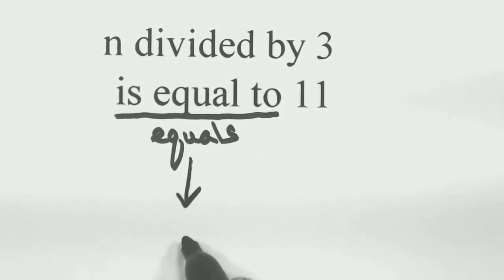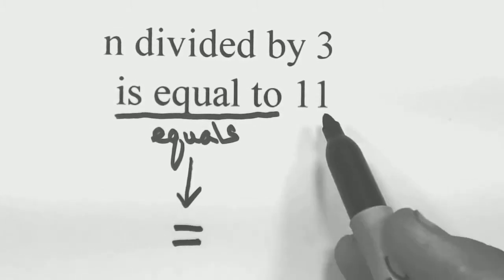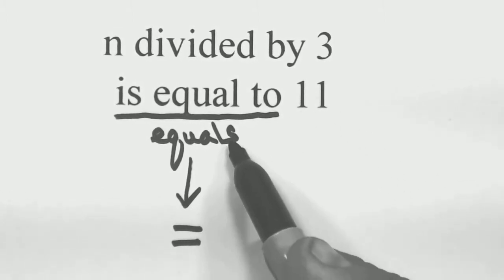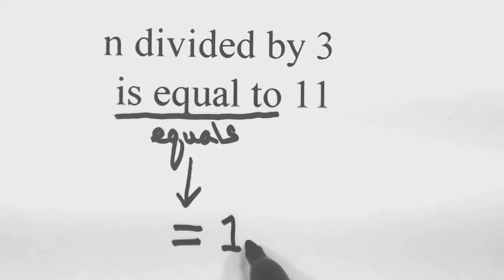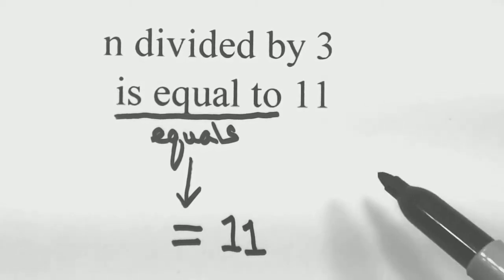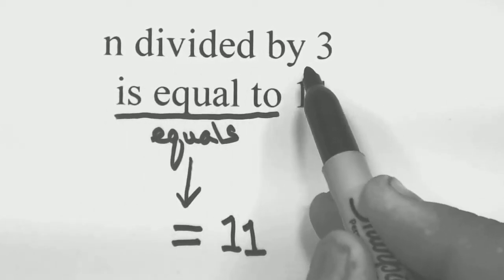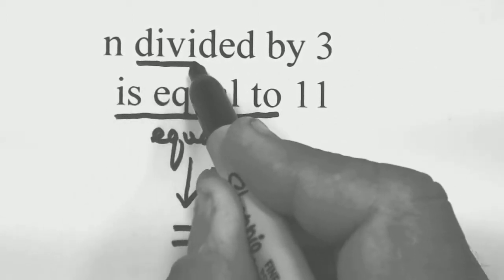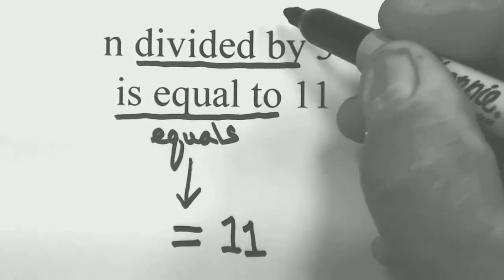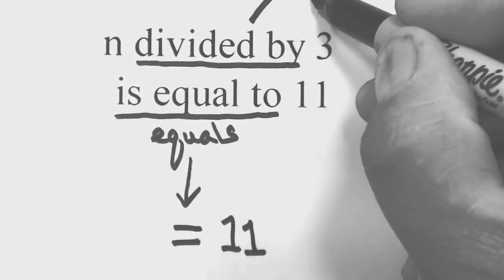So this is where the equal sign goes. What's to the right of the word equals as we've written it here? 11, so that goes to the right in the equation. What's on the left here? Well, n divided by 3. No question, this is division, "divided by." And what are we dividing by?